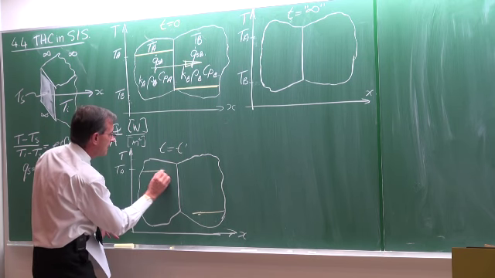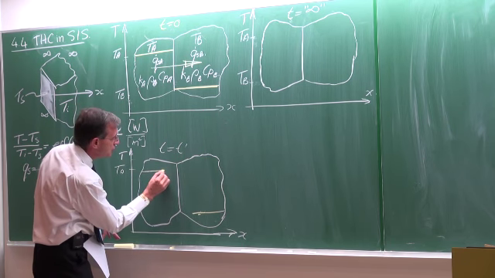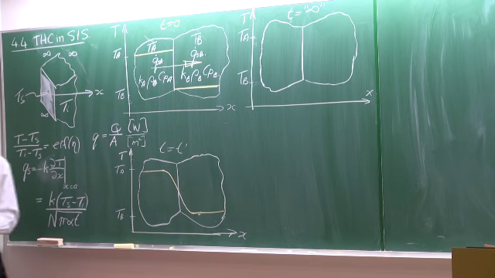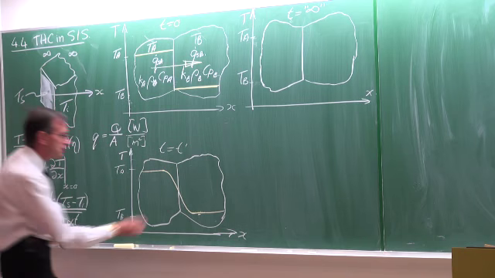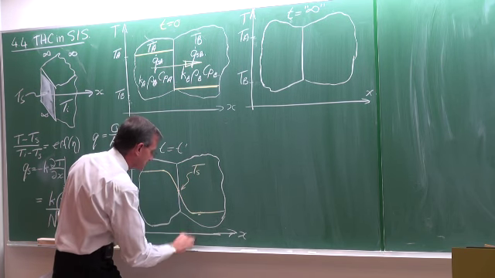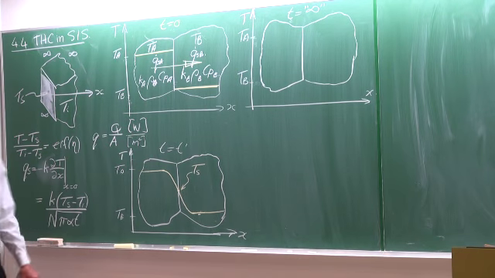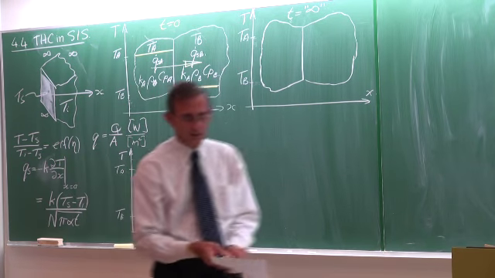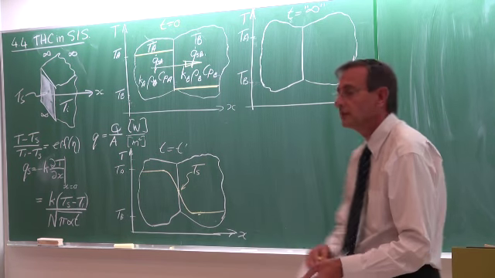But here close to the surface, we have to get something like that. This temperature here is called the surface temperature, and for body A and for body B it should be the same.